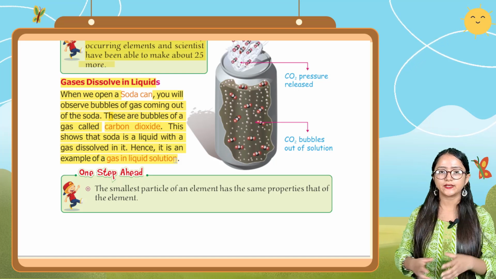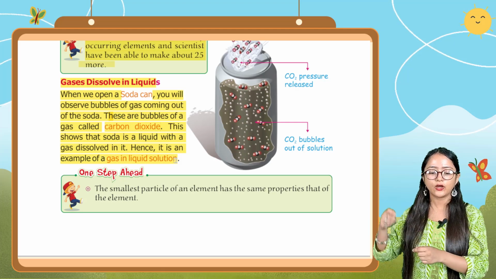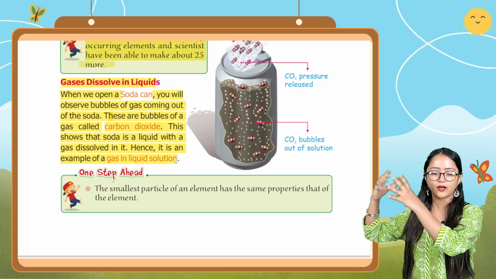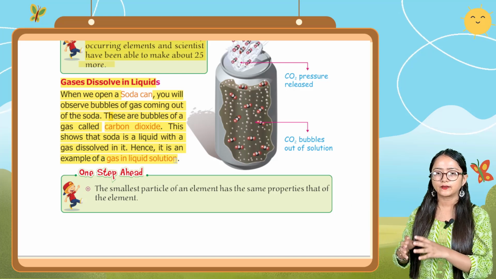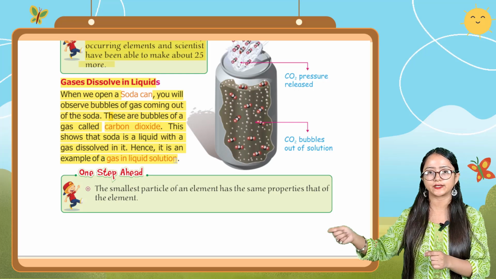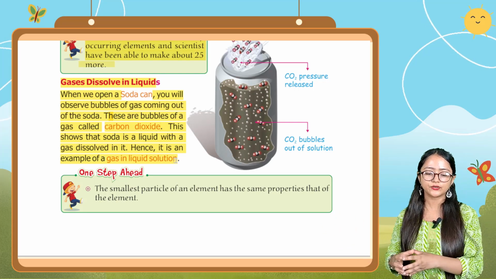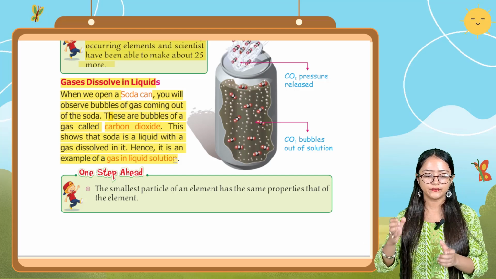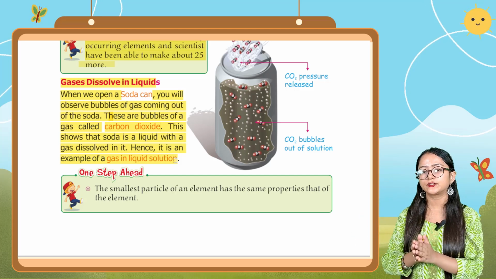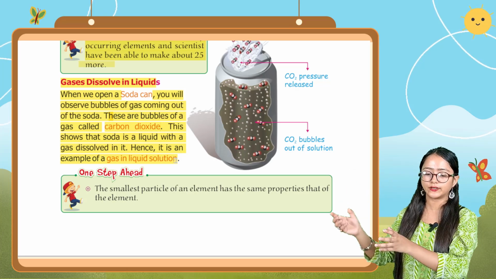So basically, when we open a soda can, you will observe bubbles of gas coming out of the soda, and this gas is known as carbon dioxide. This shows that soda is basically a liquid with gas dissolved in it.